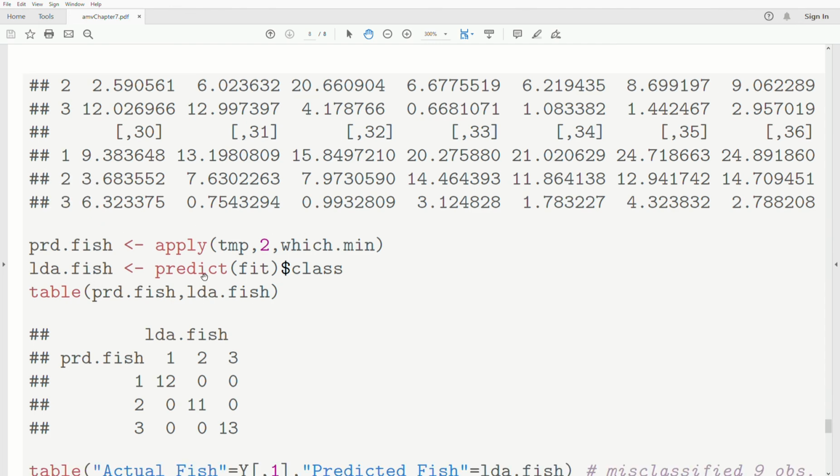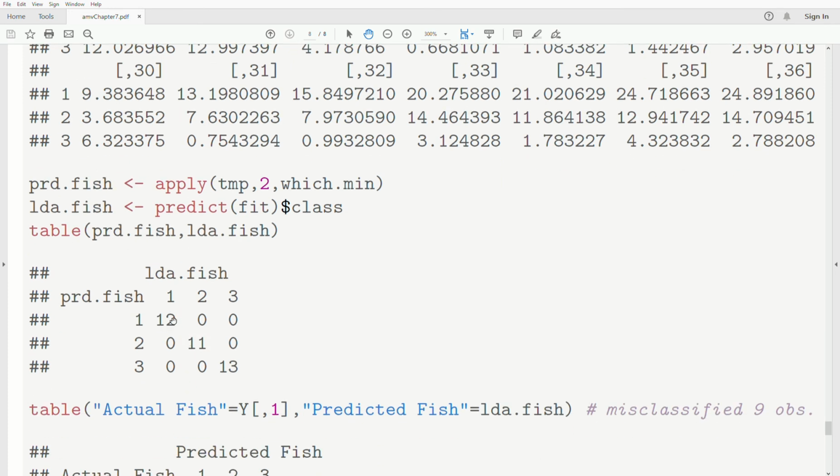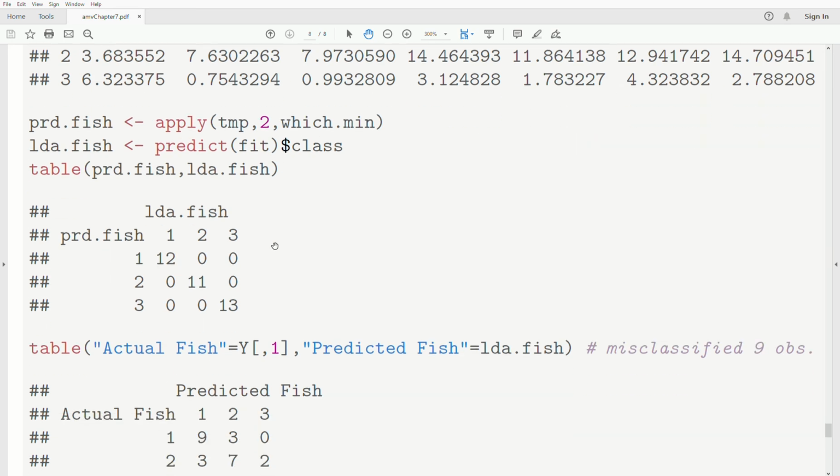And now let's use the predict method that we got from the LDA function. So if we predict using our fit, which is the model that we fit with, and we want class, and we just table or compare each of these with the table, notice that they're 100% in agreement, as they should be, right? And so to use the built-in function, so much easier.